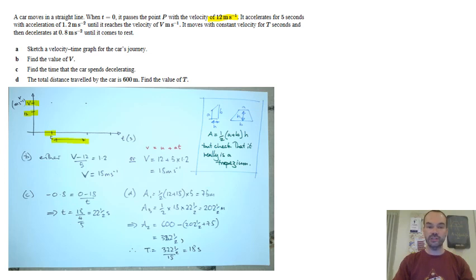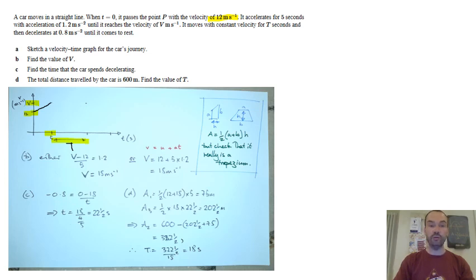It then travels at the same speed for t seconds, so that time from there to there is t, and then it decelerates at 0.8, but we're not told anything about the times. Right, it can be difficult drawing straight lines like this, but I'll try. So it's got a constant acceleration for the first 5 seconds, so it's a straight line like that.